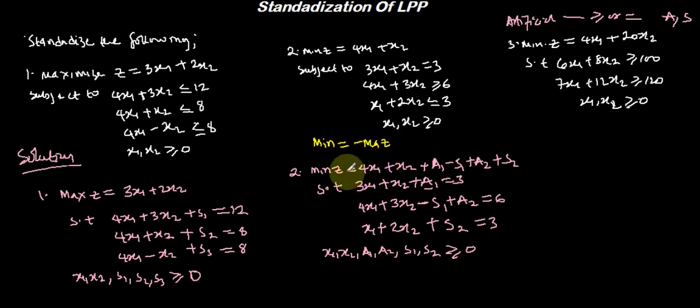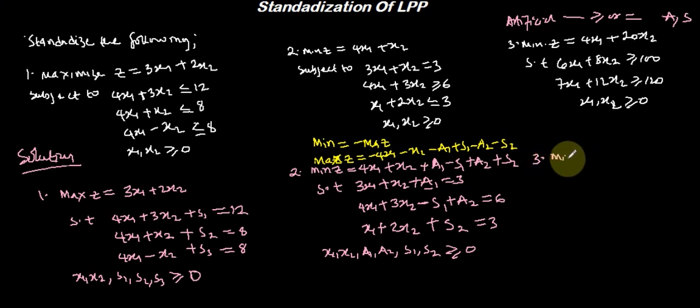So this here could also be written as max of z equal to minus 4x1 minus x2 minus a1 plus s1 minus a2 minus s2. So this and this are the same, so you could write them in any way you want to. But this is now standardized.